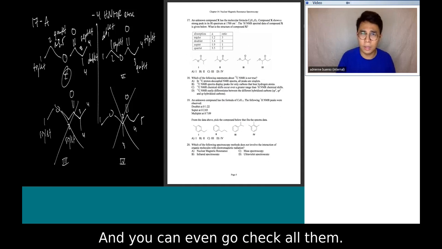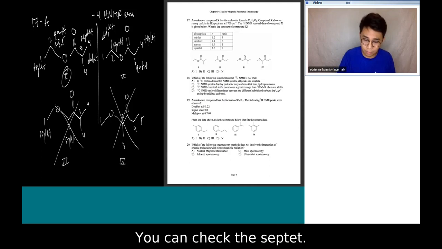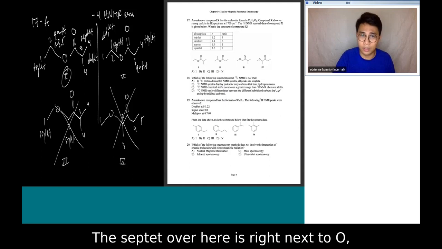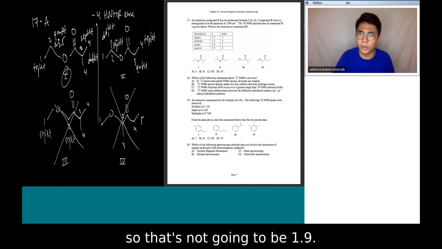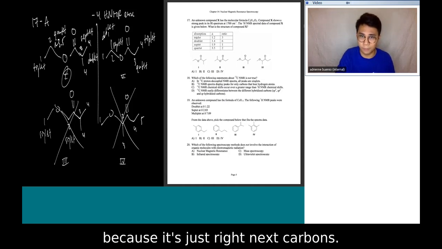And you can even go check all of them. Let's see. You can check the septet, right? The septet is saying 1.9. The septet over here is right next to O, so that's not going to be 1.9, right? But over here, the septet is very shielded because it's just right next to carbons, right?